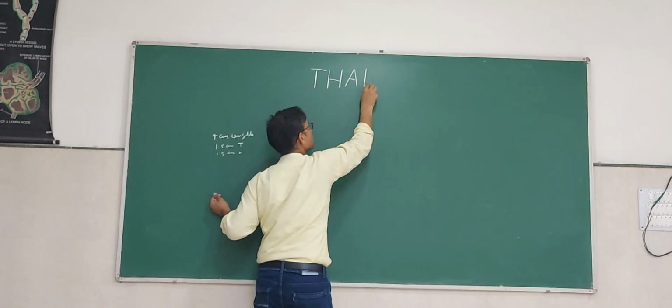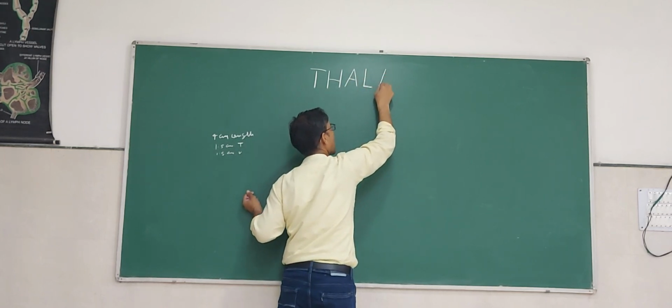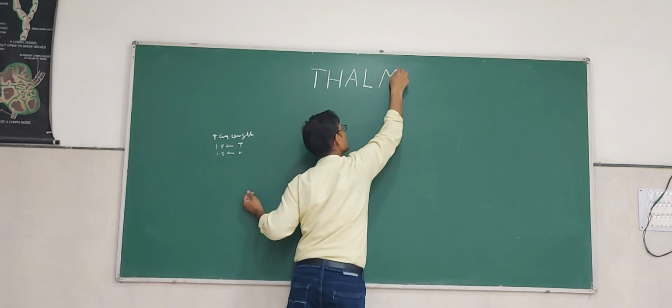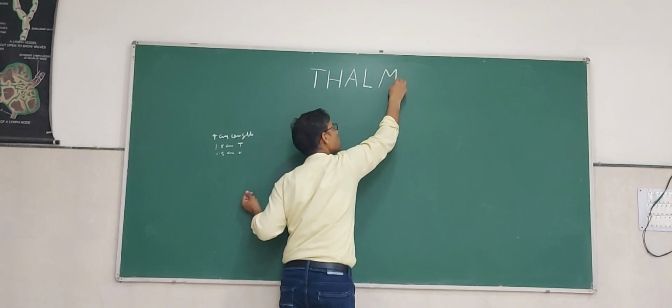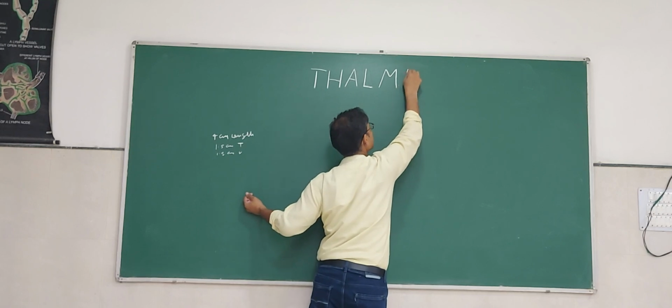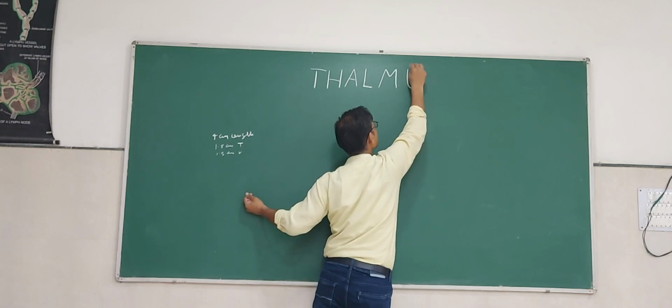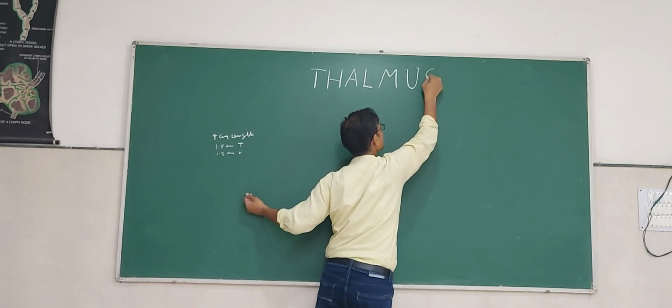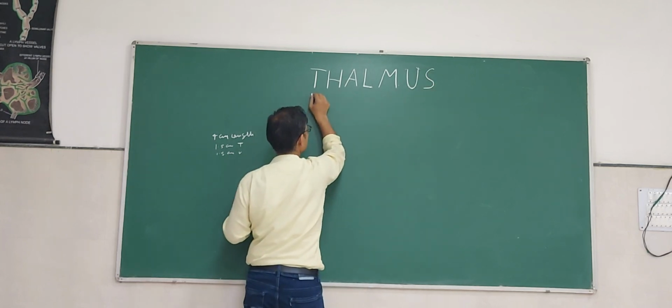Thalamus is a relay station for different tracts, and from this relay station there is further movement of the sensation toward the different cortical areas. We will discuss the thalamus.